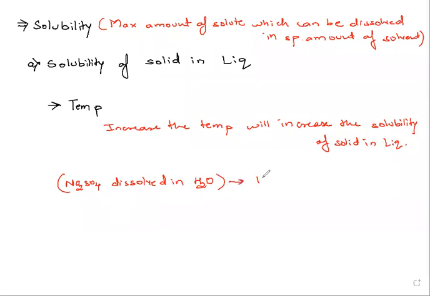This example is said to be exothermic. अच्छा, अगर addition of Na2SO4 in water is an exothermic, तो यहाँ पे क्या होगा? If we increase the temperature, what happened to the solubility of Na2SO4? अगर आपका प्रोसेस एक्सोथर्मिक है और हम टेम्परेचर इंक्रीज करें, क्या वो डिसॉल्व होगा?